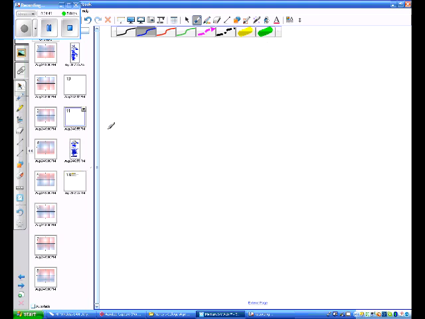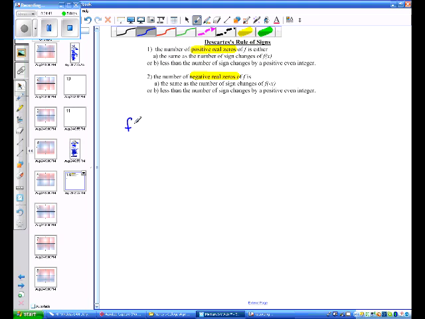Okay, let's say that we have the equation f of x is equal to x cubed minus 5x squared plus 17x minus 13. We just want to know how many real solutions we have. So we look at our number of sign changes. This term was positive, this term was negative, so we had a sign change.